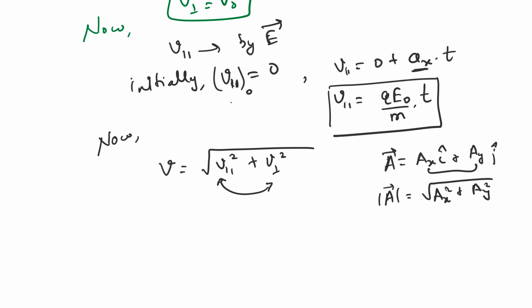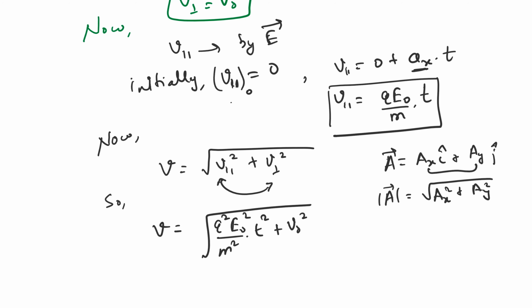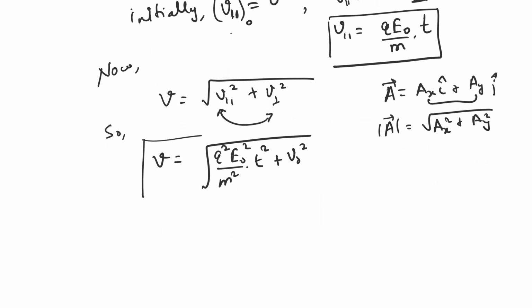So your V would be the root of Q square E naught square by m square into t square plus V naught square. This would be your velocity at any given instant of time.